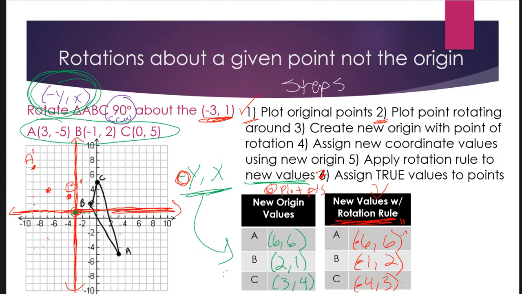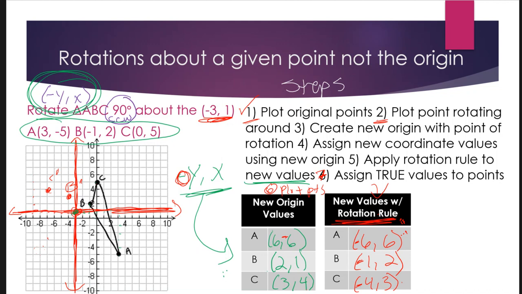Oh, sorry. I just realized where I messed up. My A is the thing that's wrong. Here we go. So the C looks okay. Messing up on the wrong one. For my A, it was a negative. Sorry. I'm looking at the wrong points. So A wasn't 6, 6. It was 6, -6. My bad.